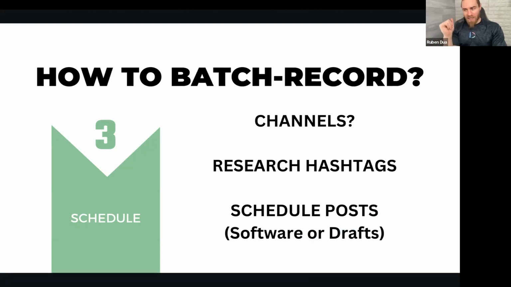YouTube has unlisted, and TikTok, Instagram, and Facebook have drafts features where you can schedule a post. You can write every piece of it, upload the video, put in all your content and your hashtags, and then just schedule it or have it saved as a draft until it's actually time to post it according to your scheduled date. So the process of scheduling needs to be thought out in several ways.